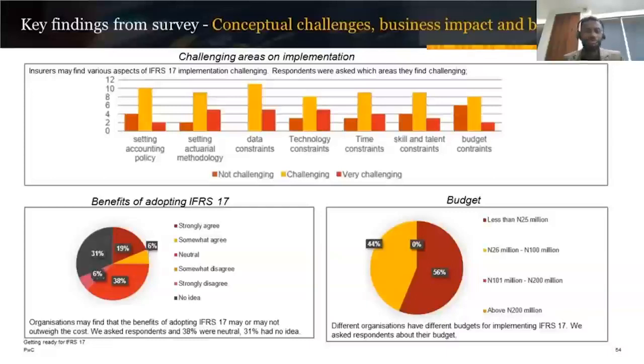So that's the feedback that we got from our survey from the industry on where you are in IFRS 17 and how your IFRS 17 implementation projects are expected to go.